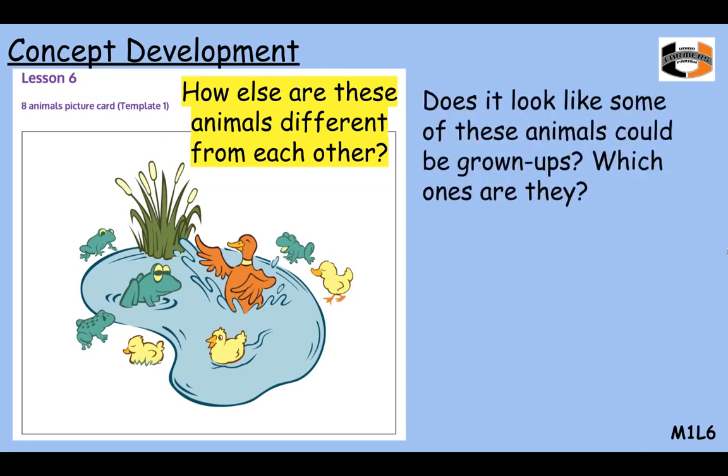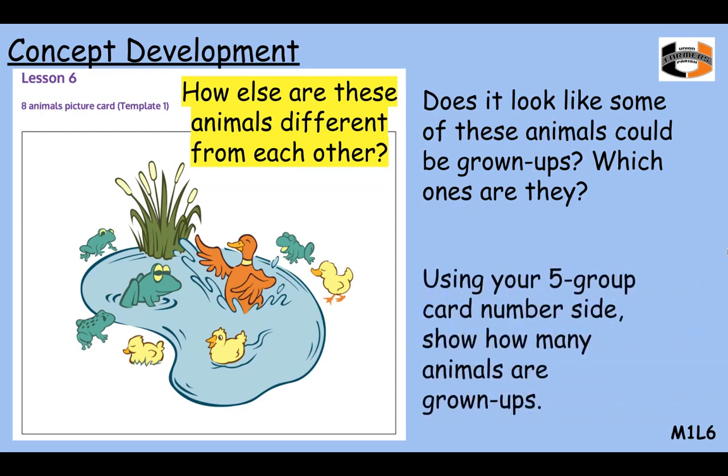Does it look like some of these animals could be grown-ups? Which ones are they? Right. I think I see 2 grown-ups. Using your 5 group card number side, show how many animals are grown-ups.